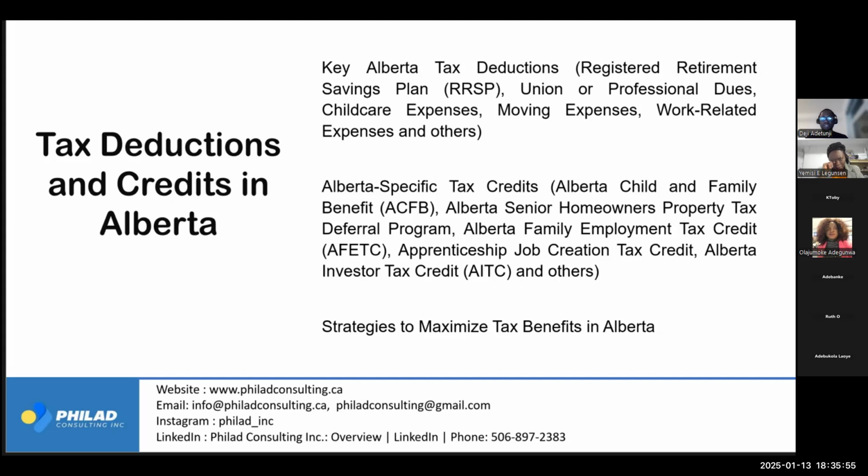You can also support some apprenticeship programs whereby you can get a tax credit that would reduce your cost. And when you invest smartly, sometimes you can take advantage of the Alberta Investor Tax Credit by investing in eligible sectors to reduce your provincial tax. Also plan to use childcare services that are recognized by the province, because you can take advantage of the expenses you incur.